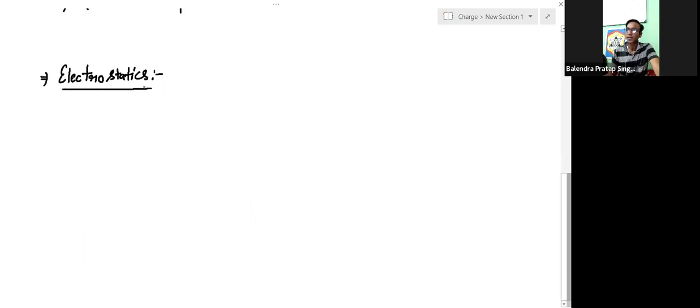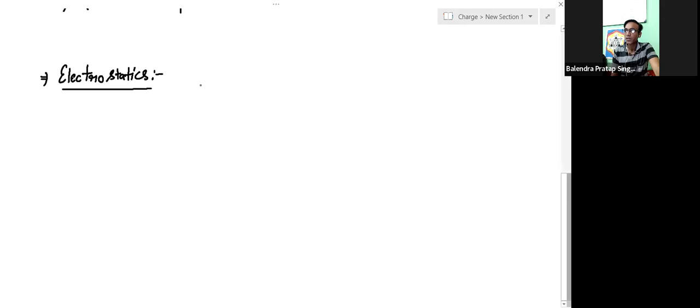So what is electrostatics? Electrostatics is a word made from two words, electro and statics. Basically, we consider this as an electron, or we can say a charge at rest.